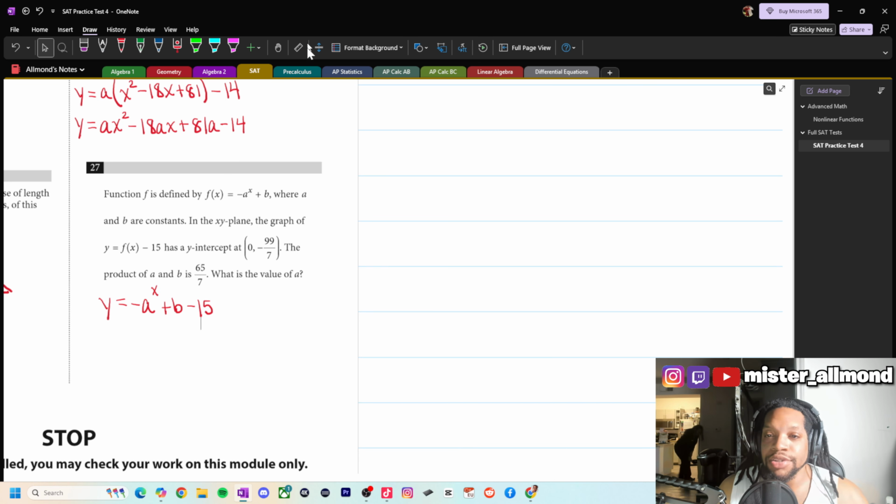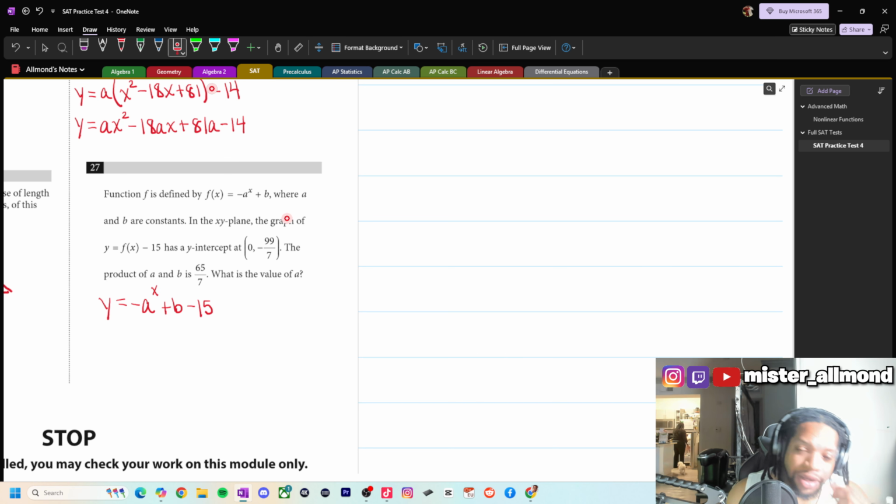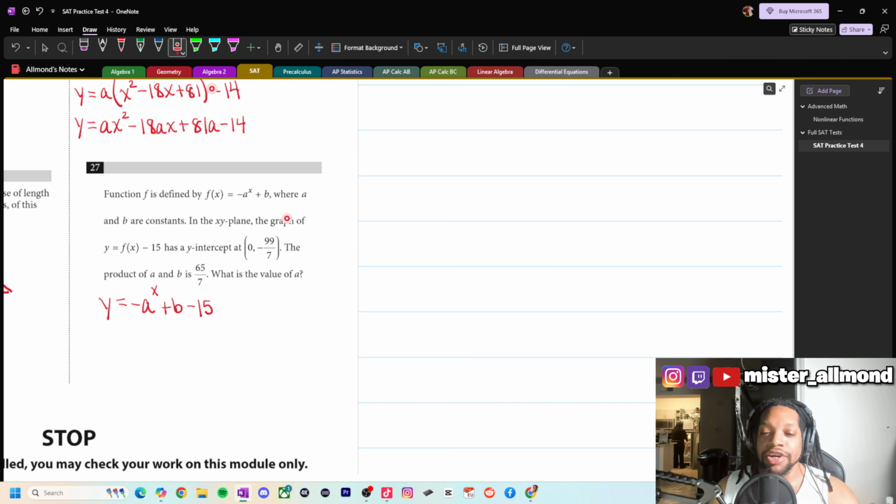That has to come out to be this. So I could solve for b, and then I can say a times whatever I get for b equals 65 over 7, and then solve for a. Okay. All right, so the strategy is that I figured out how to do it. Now I just got to do it.